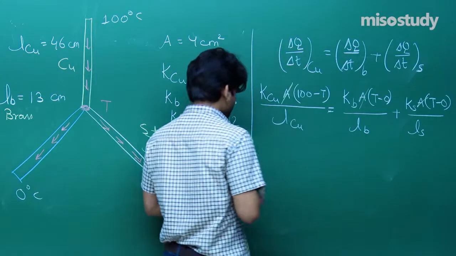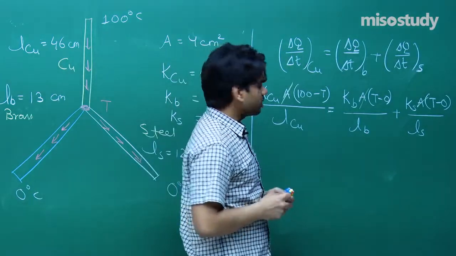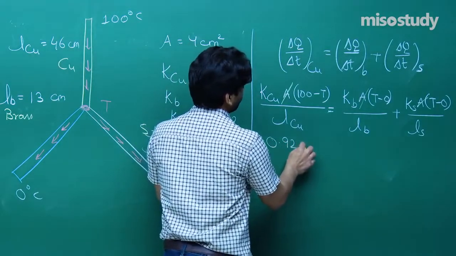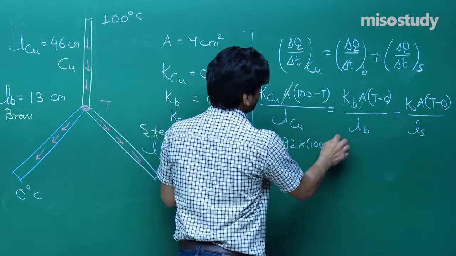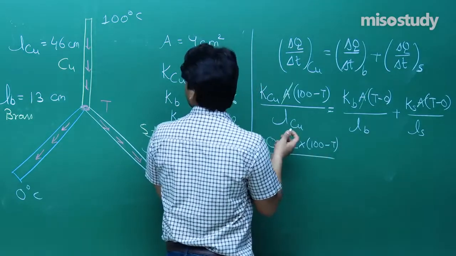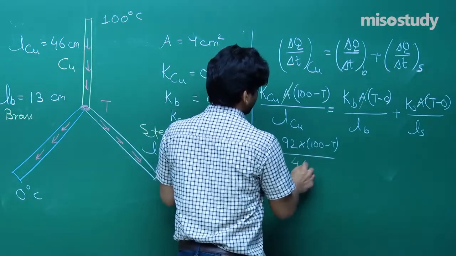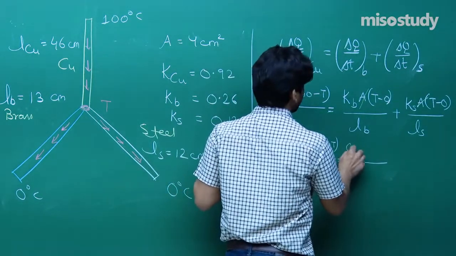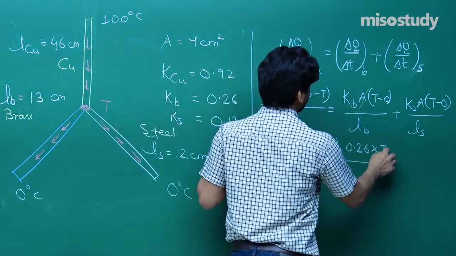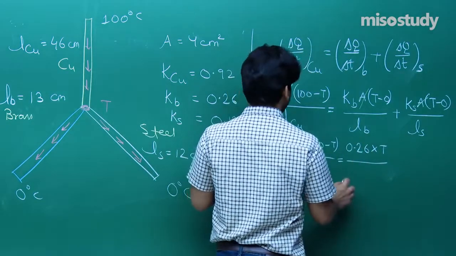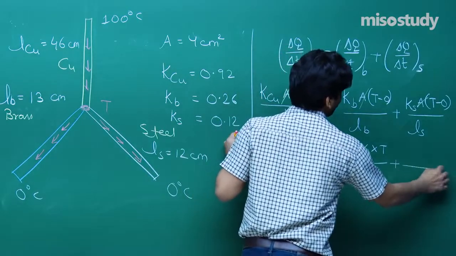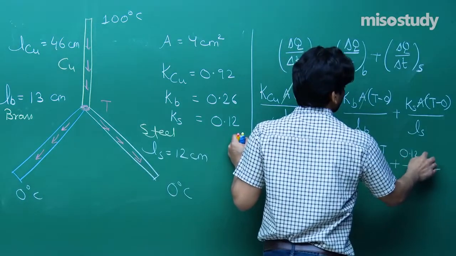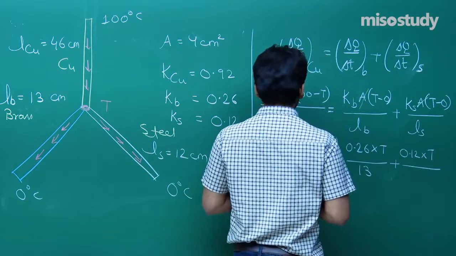K of copper in proper CGS system, so let me put the value as 0.92 with proper CGS units. 0.92 multiplied with 100 minus T, and the length of copper as 46 centimeter, is equal to finally K of brass, that is 0.26 multiplied with T, and the length of brass is given as 13, plus K of steel, that is 0.12 multiplied with T divided by its length, that is 12.